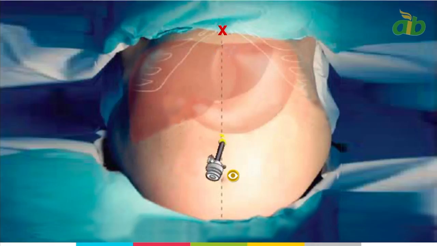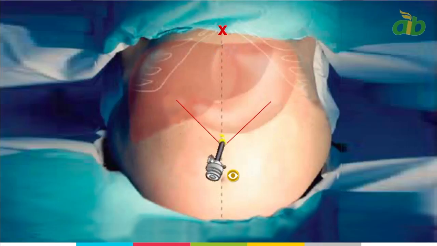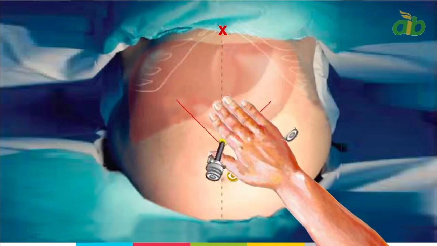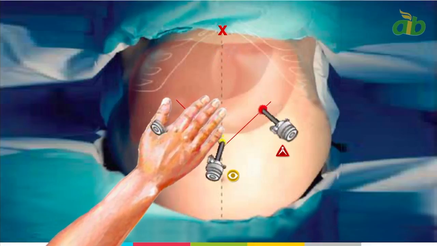Now this optical port is done. From the optical port, what next? You open up your hand and get a right angle done and mark both the sides, a right angle triangle. Then 4 finger breadths mark the right working port and 4 finger breadths mark the left working port.